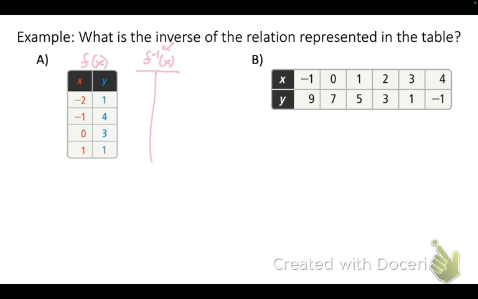Interchange your domain and range. So domain and range is x and y, yes? So just switch them. So it's not negative 2, 1, it's what? 1, negative 2. 4, negative 1. 3, 0, 1, 1. Okay, do this one on your own.